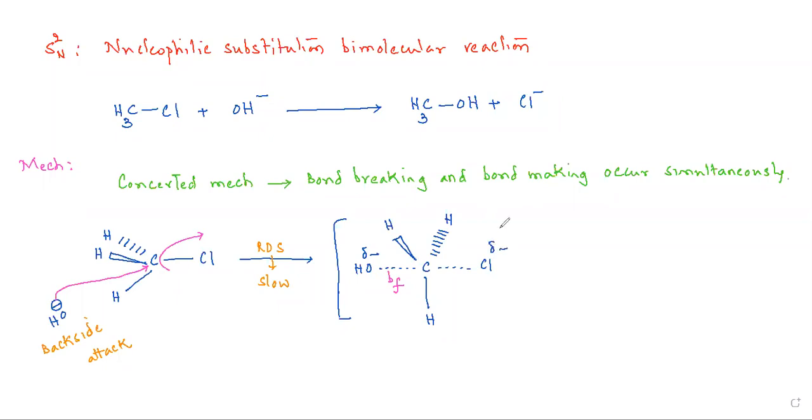Now say this is going out, a site of bond breaking. Okay. Now this, of course, can be given as double positive because you got two partial negative charges.